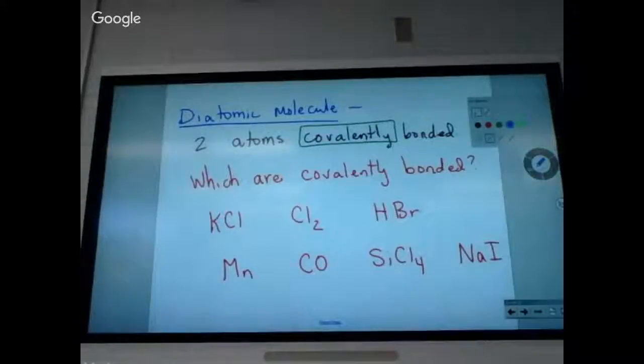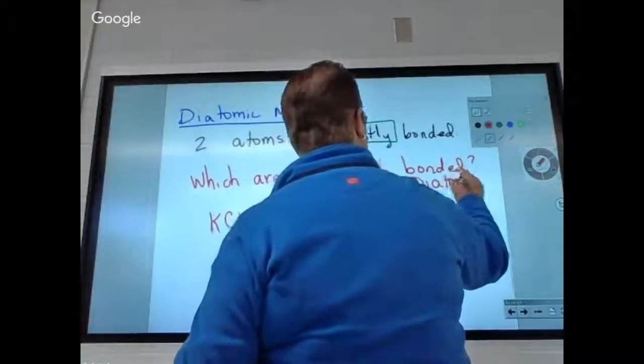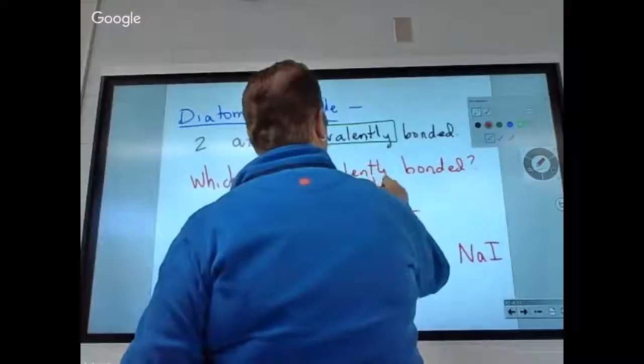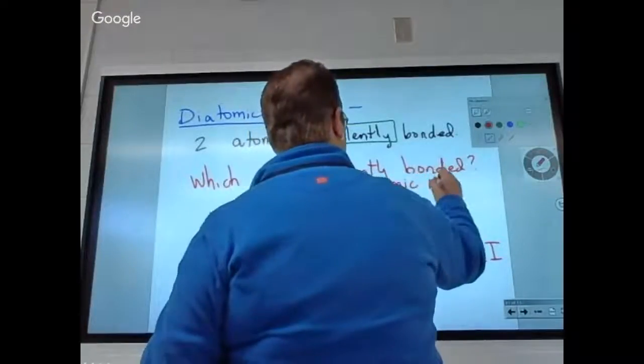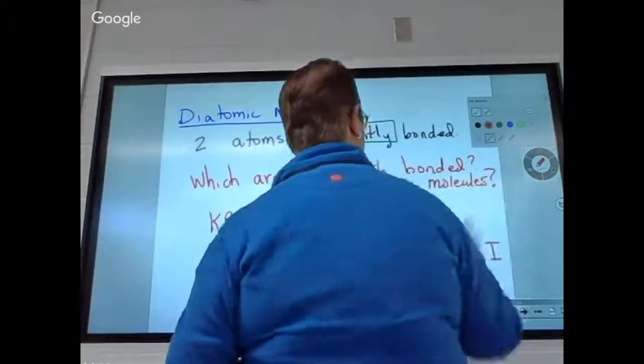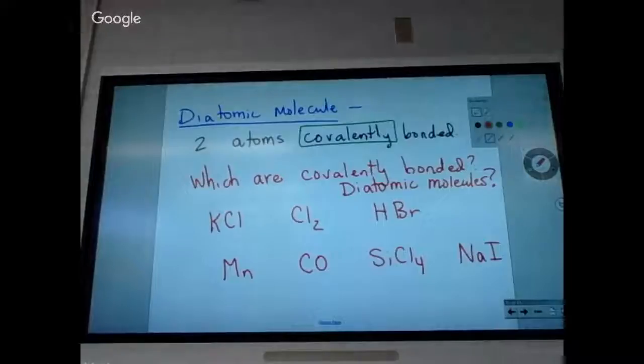All right, so if you have any of those, would you label any of those as being, first of all, covalently bonded? And then secondly, as being diatomic molecules. Because you have to ask yourself both questions.